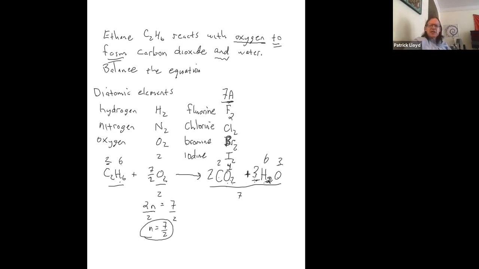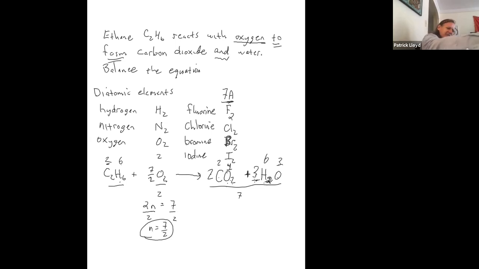Now, strictly speaking, there is nothing wrong with having a fraction in a balanced equation, except for the fact that people who write textbooks in general chemistry, and people that write software in general chemistry, like Alex, for some reason, they don't like fractions. And I'm not sure why that's the case.